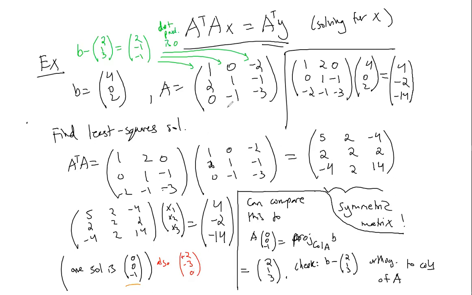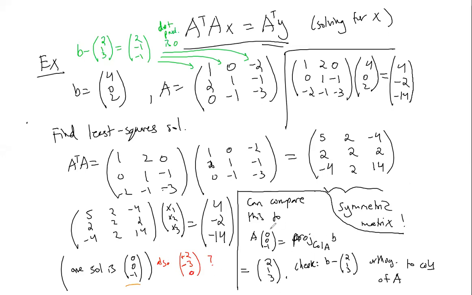Two, -3, 0. Maybe. You got -2, 3, 0 plus x, where x is anything.